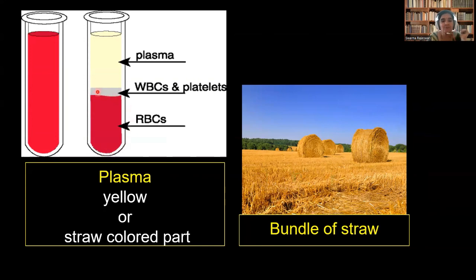So, this is the fluid, and this is the cellular component of the blood, whereas plasma is the straw colored part. So, the centrifugation of the blood results in the formation of the plasma as well as the blood cells. Here we can see the red colored part is RBC, WBC, and on the top we get the plasma, which is the straw colored part.